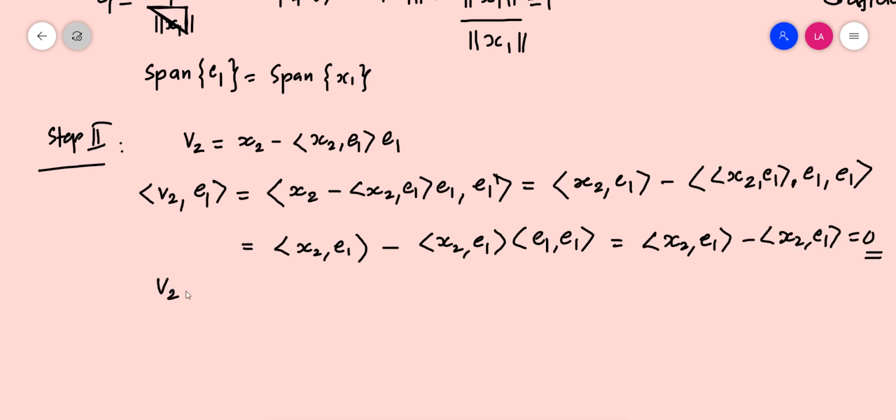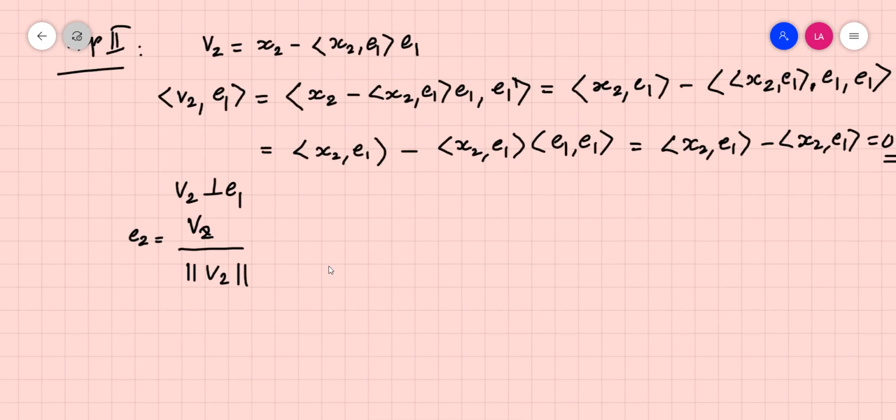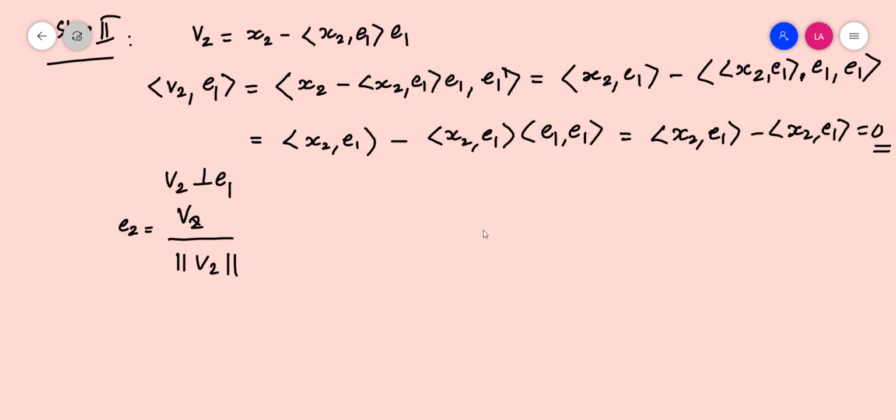So v2 is actually orthogonal to e1. And also we can choose e2 to be defined as v2 divided by norm v2. Now span of e1, e2 should be equal to span of x1, x2, because e1 and e2 are linear combinations of x1 and x2.